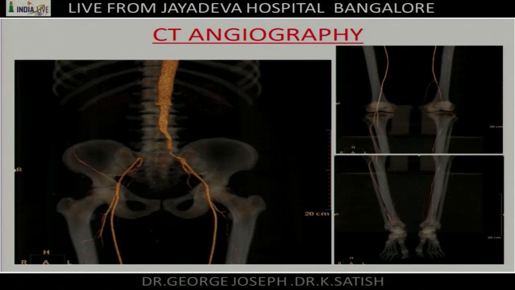If you follow the left superficial femoral down, he has an occlusion of the left popliteal, tibioperoneal trunk and anterior tibial artery, with posterior tibial and peroneal reformation on the left side. Next slide, please.